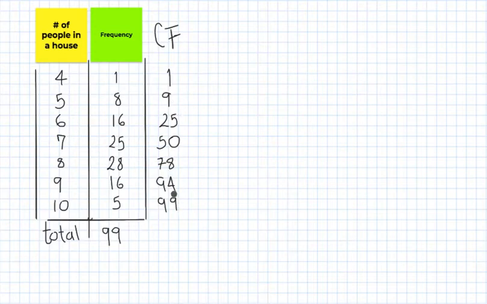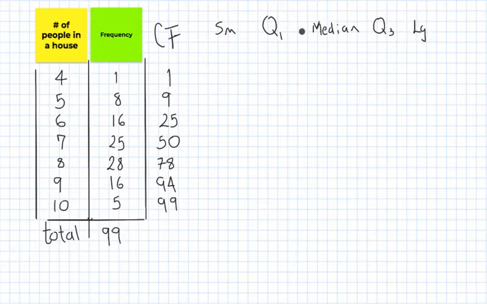Now, with this information, we have to find the 5 pieces of information that we need to draw the box and whisker plot. Remember that we're going to need the smallest value, the lower quartile or Q1, the median, and the Q3 or upper quartile, and the largest value, right?